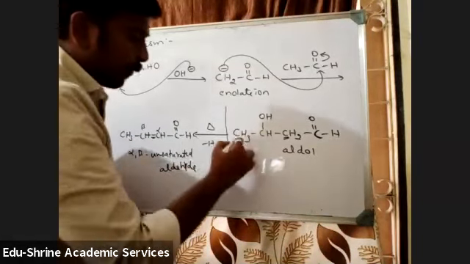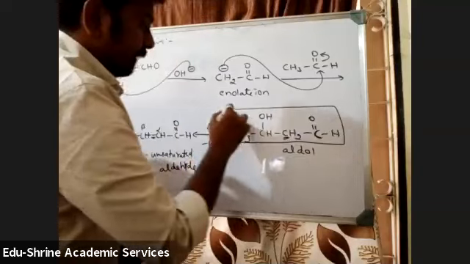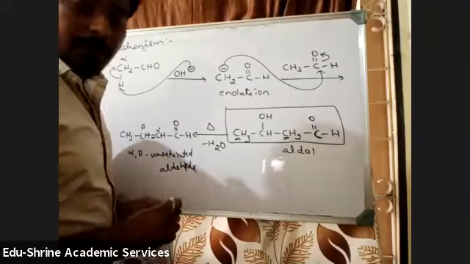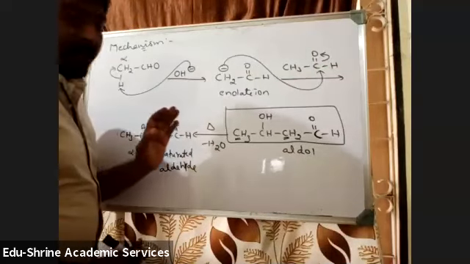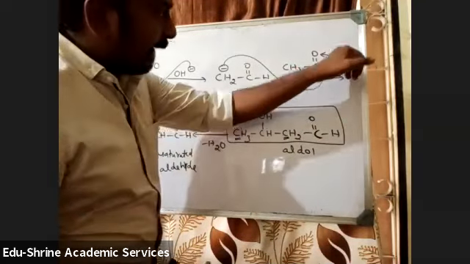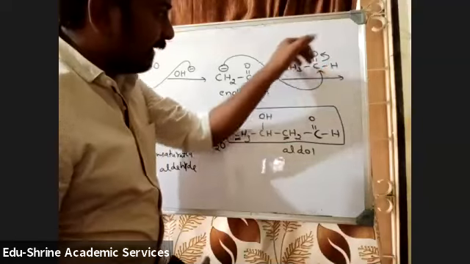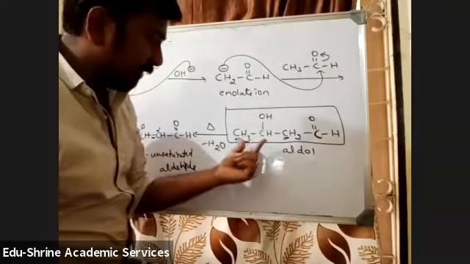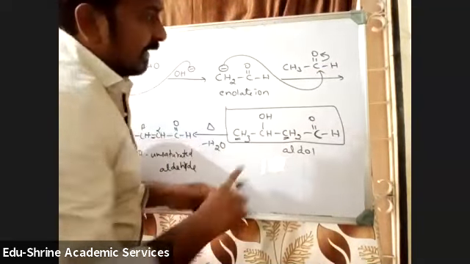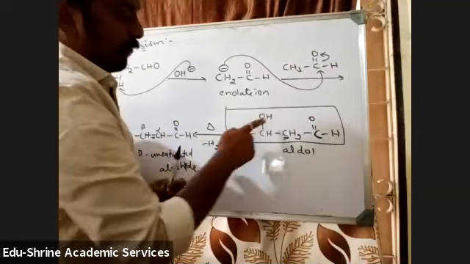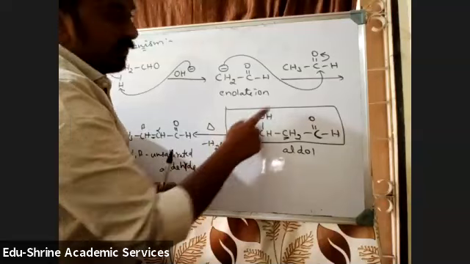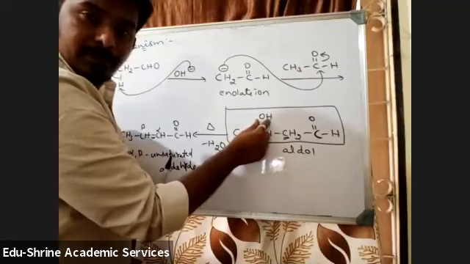Now, how to write this product directly? Writing this product is important. How will you write this product? See here. First, what you will write is, you will be taking the second aldehyde. First, I have written the second aldehyde. No? So in the second aldehyde, just convert the C double bond O to C-OH.